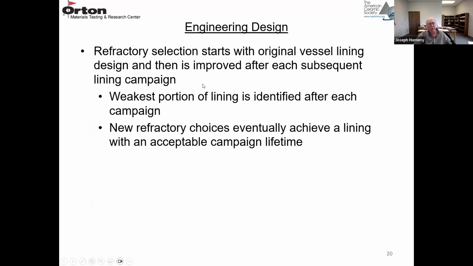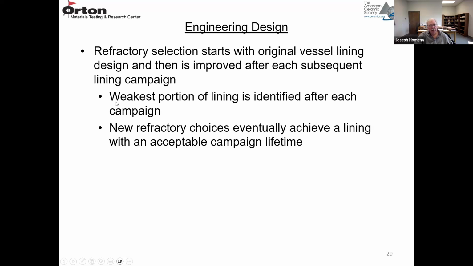So what usually happens here is you line a vessel for a particular application, and then after the campaign is over, you examine the refractories. You look for the areas where the wear was the greatest, and then you try to make the next lining an improvement by selecting a better set of refractories if there are wear issues.